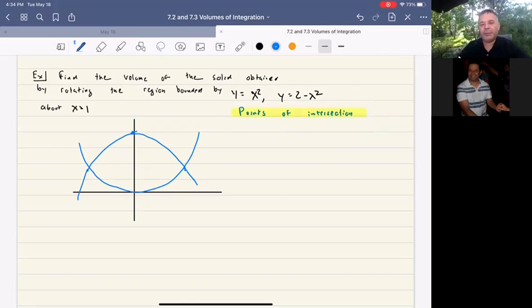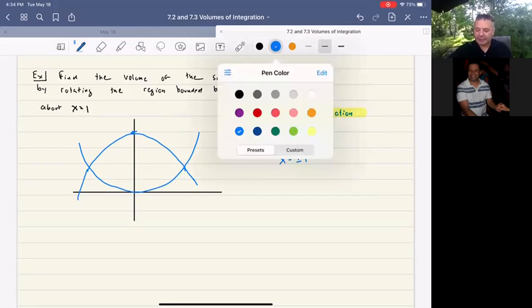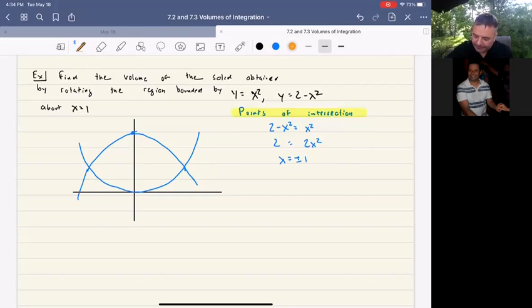Looking for the points of intersection, we need 2 minus x squared equals x squared. 2 equals 2x squared, x equals plus or minus 1. So this point is on the line which we're rotating about.